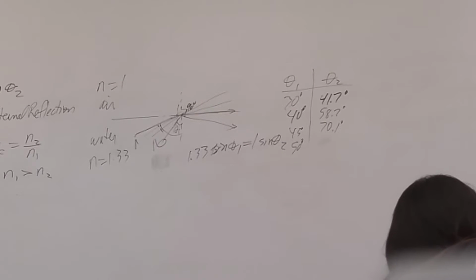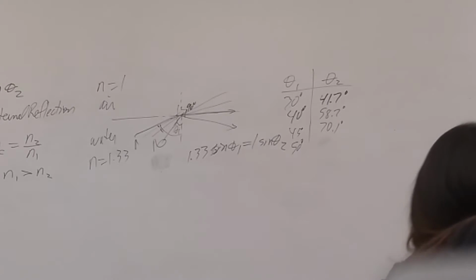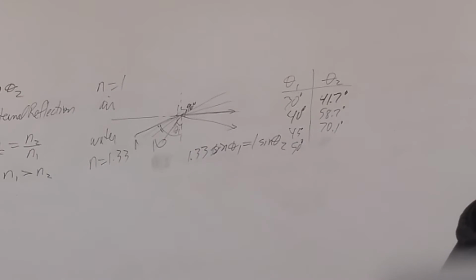If you're going the other way, then the angle theta 2 is going toward the normal, it's getting smaller. So it's never going to get to a point where the sine of theta 2 is bigger than 1. It's always going to be something less than 1. But if you're going from the bigger index to the smaller index, like from water to air, you've got a critical angle at that point.